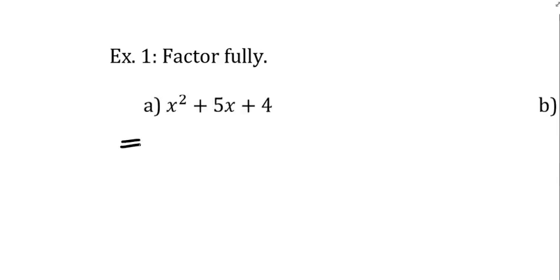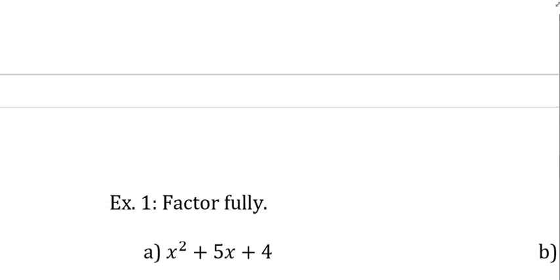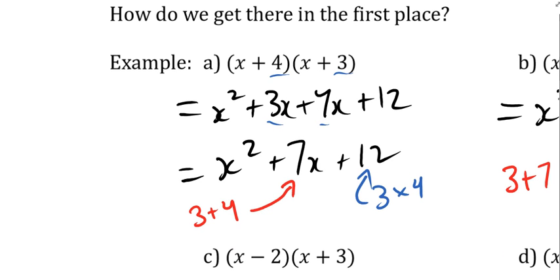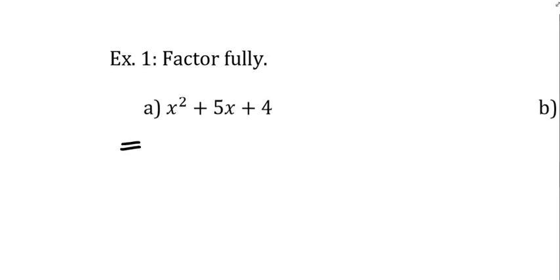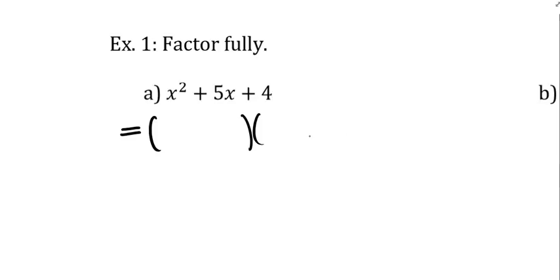I write my equal sign because I don't want to forget that. This is a trinomial. I know from all these patterns that we did up here that a trinomial came from multiplying two binomials. So I know that this is going to look like this after I factor it.